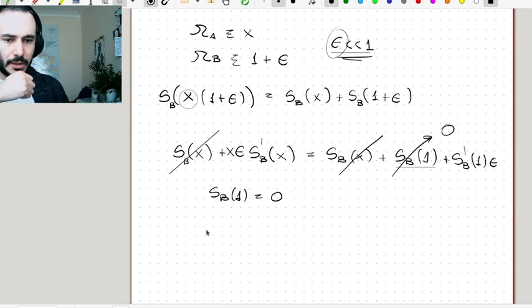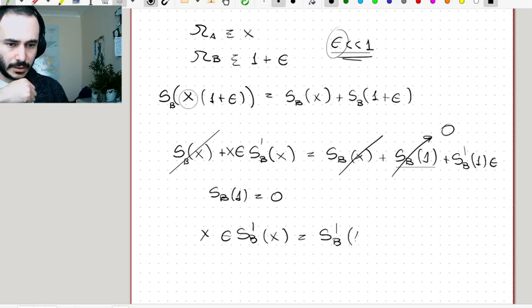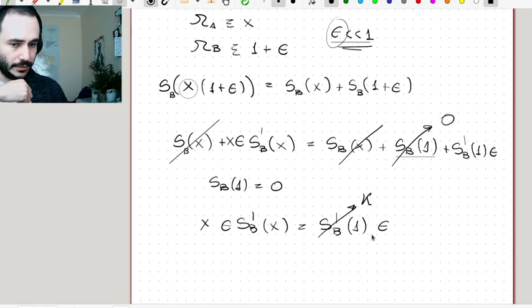Okay, so what I'm left with is x times the derivative of my unknown function equals this thing, S prime of 1 times epsilon. I can call this complicated notation here k if I wanted to, because it's a constant.